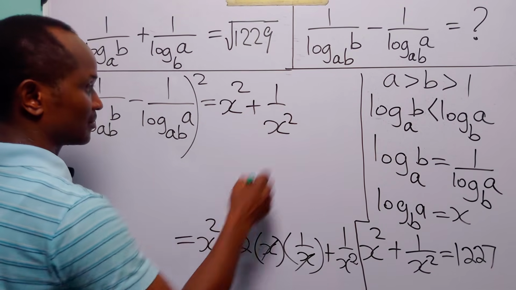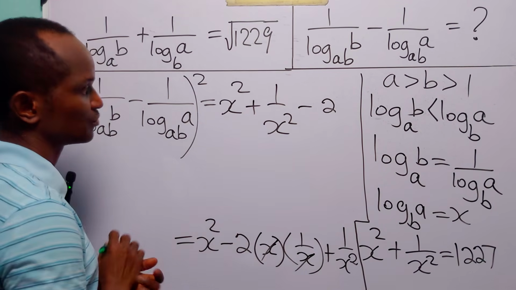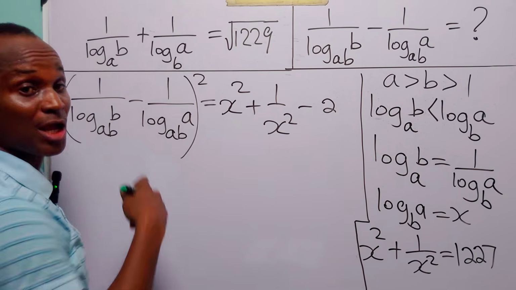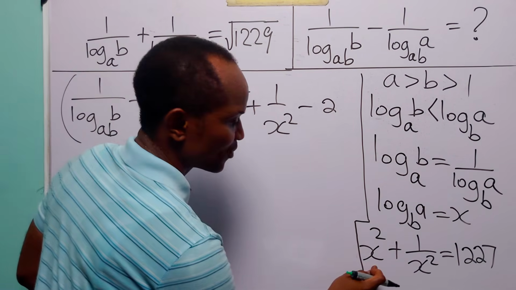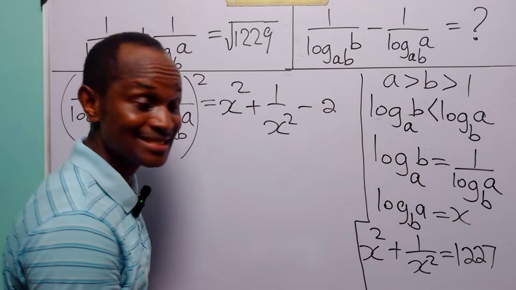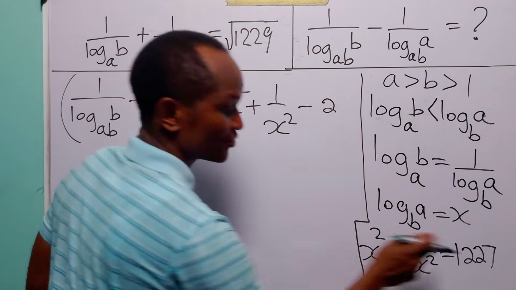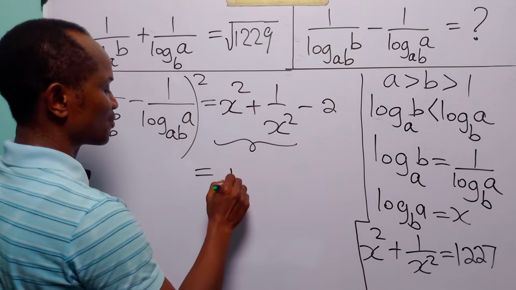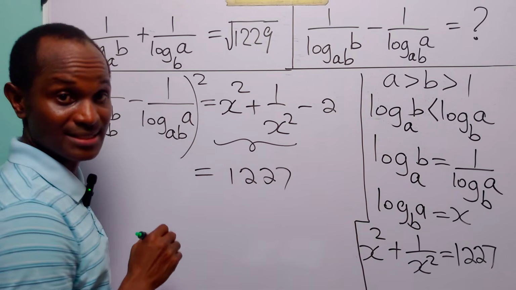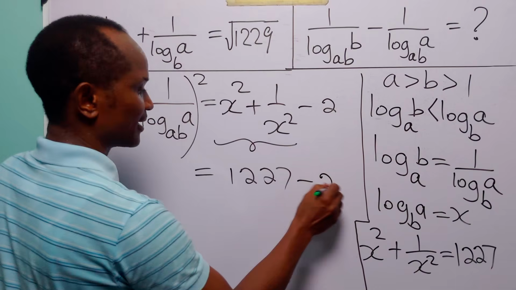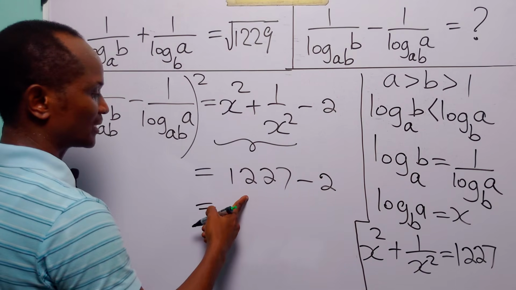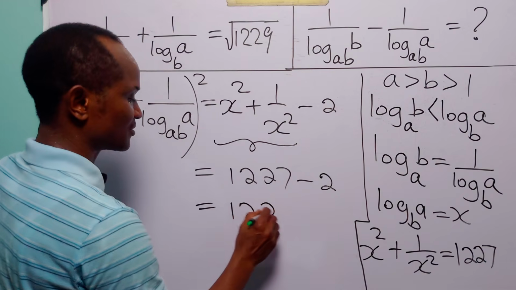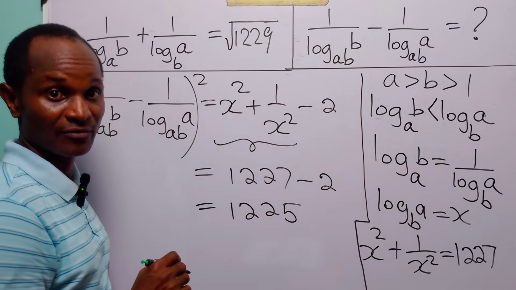And of course, this is going to take care of that, leaving us with x squared plus 1 over x squared minus 2. But now let us remember that from the given statement, we have already found that x squared plus 1 over x squared is equal to 1227. So that means that this is equal to 1227 minus 2, and 1227 minus 2 is equal to 1225.